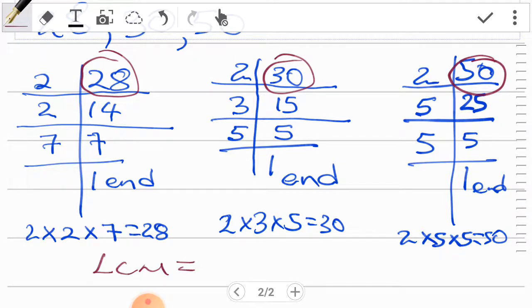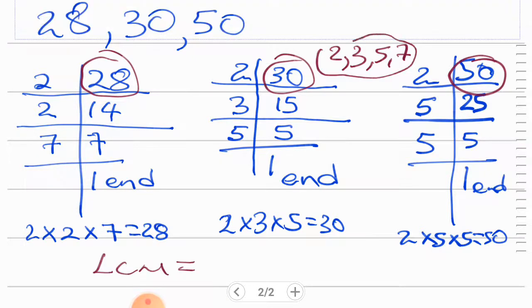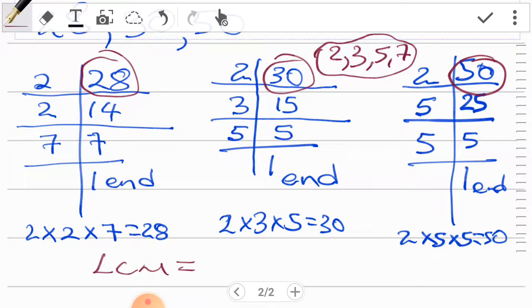The numbers that we have to deal with, let me write them up top here. We have a 2 to deal with, we have a 3 to deal with, we have a 5 to deal with, and we have a 7. Those are the 4 numbers that we do have to deal with.